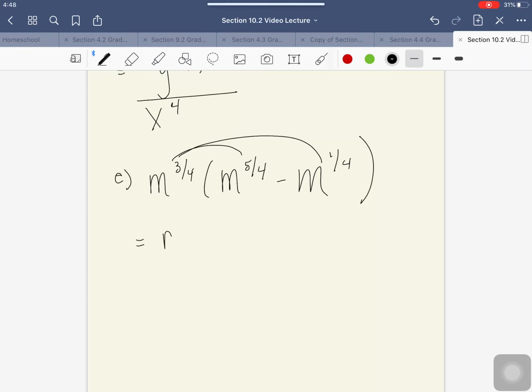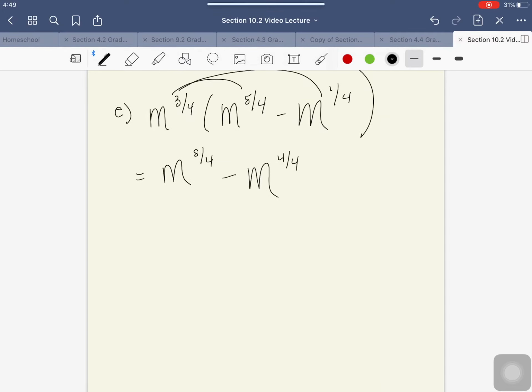So that would be m to the 8/4. All right, you'd add the numerator, keep the denominator, minus m to the 4/4. All right, m to the 8/4 is m squared, and m to the 4/4 is just m, and you would leave it just like that because they're not like terms.